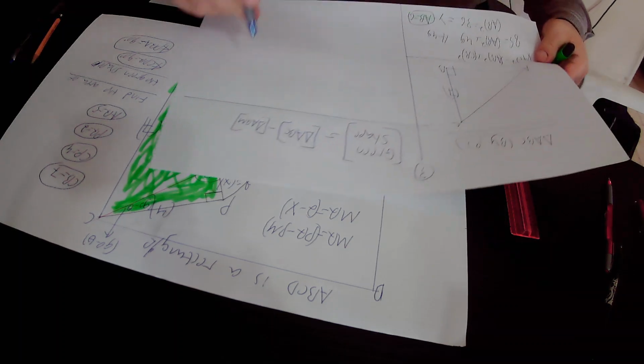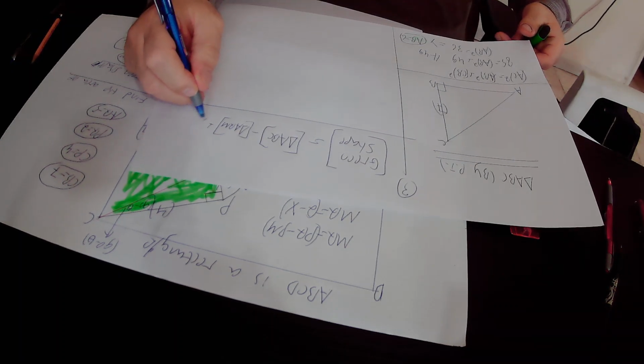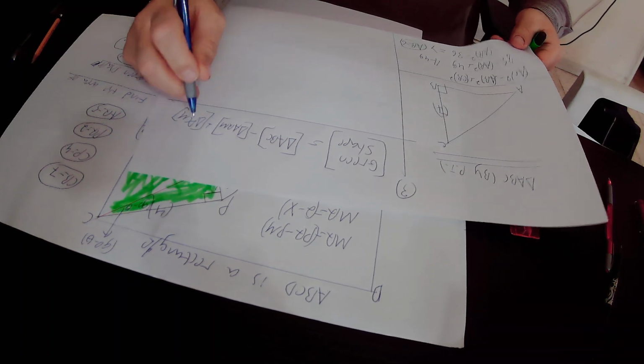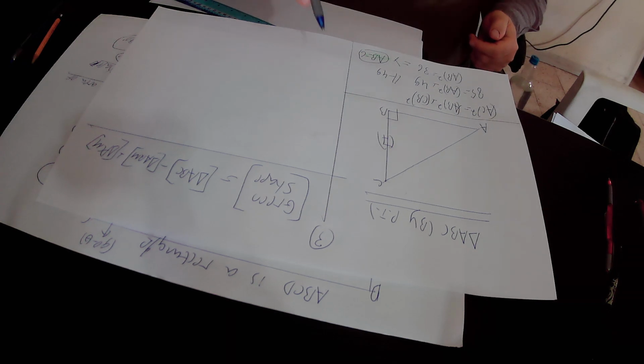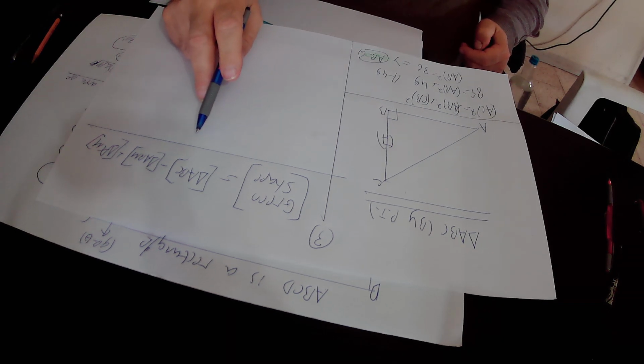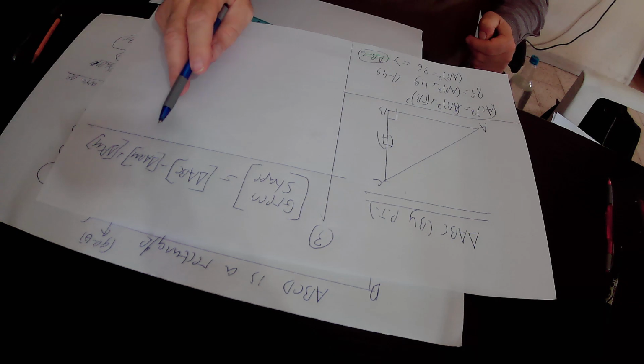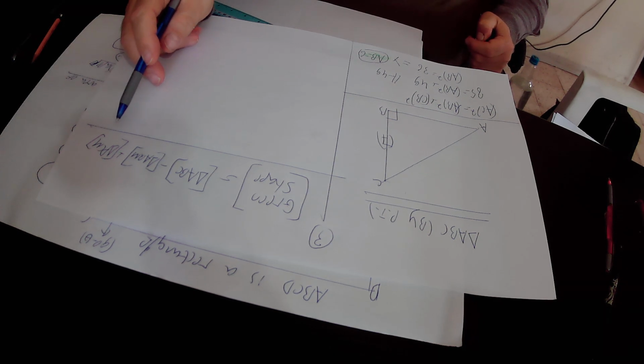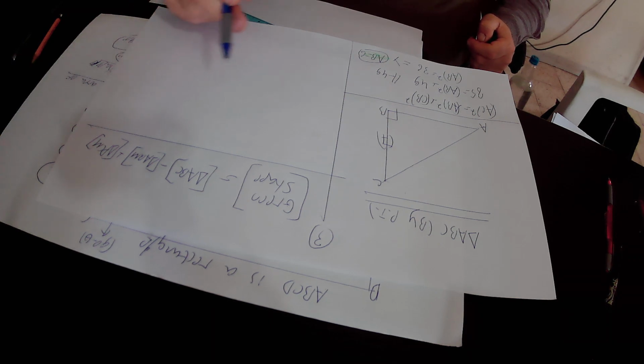So in conclusion, we found out that the area of the green shape equals the area of the big right triangle ABC minus the area of the right triangle AQM plus the area of the right green triangle PCM.